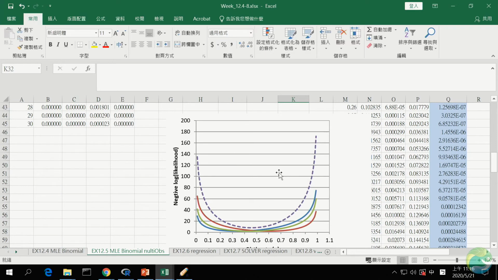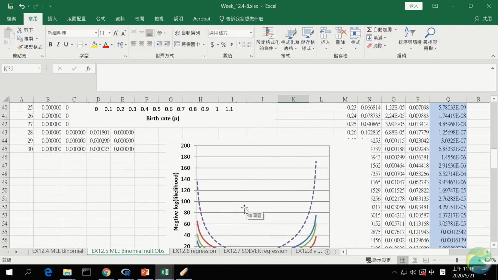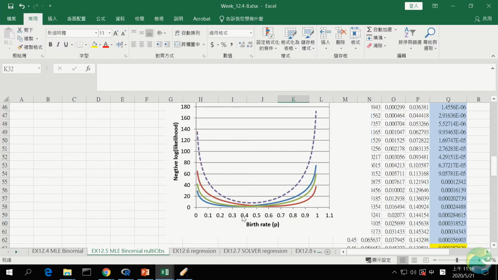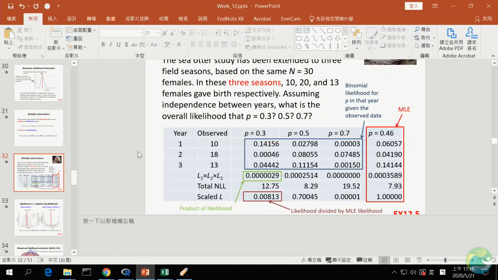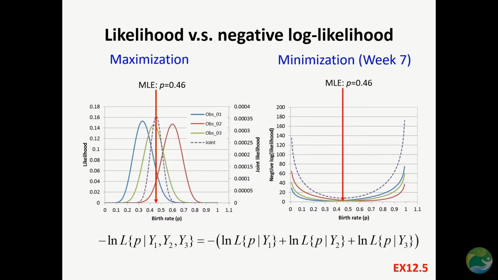Similarly, if you take a look at the negative log likelihood, where is the minimum? The minimum is around the same place, 0.46. So likelihood versus negative log likelihood: maximization, minimization.